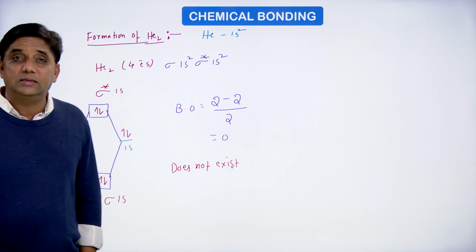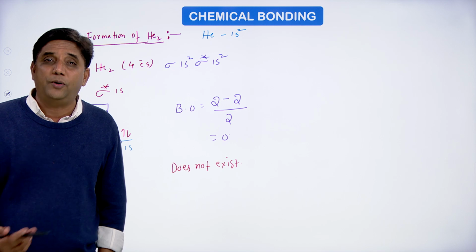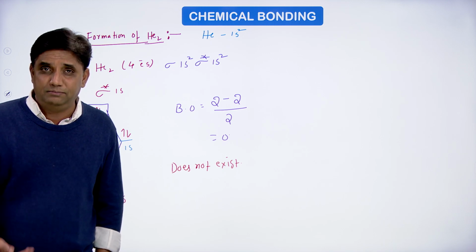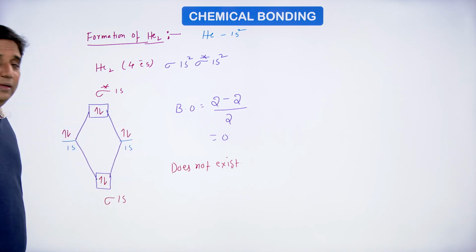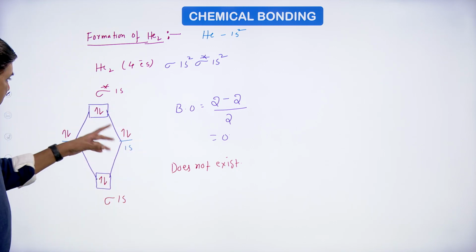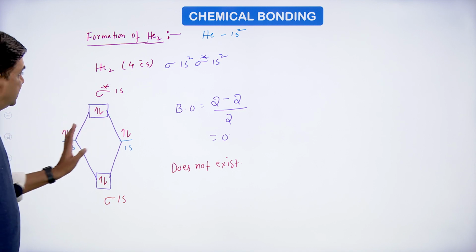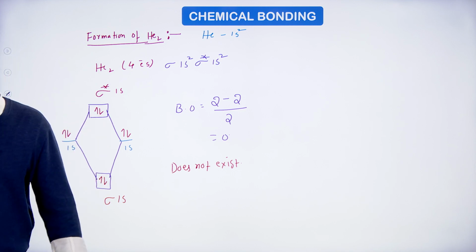When the molecule is not existing at all, there is no point in calculating the magnetic moment or magnetic nature. Just write down this much, that's enough. But this molecular orbital energy diagram is very important. Please write it down.